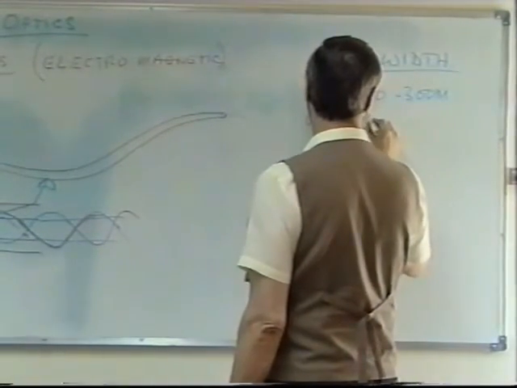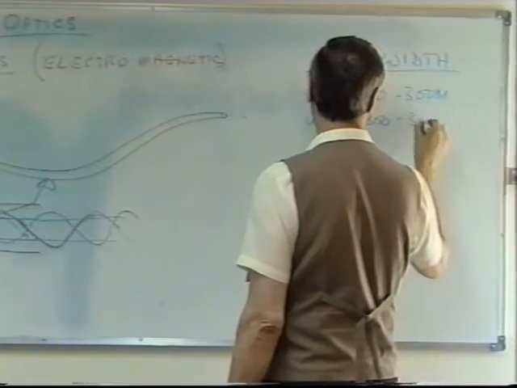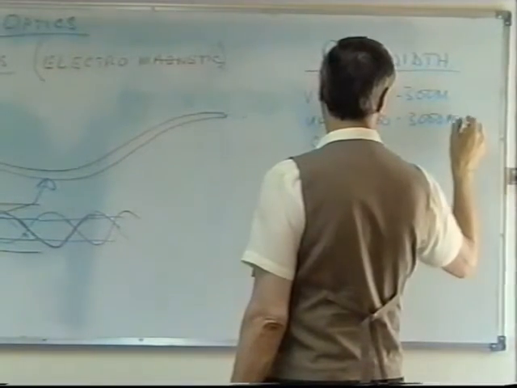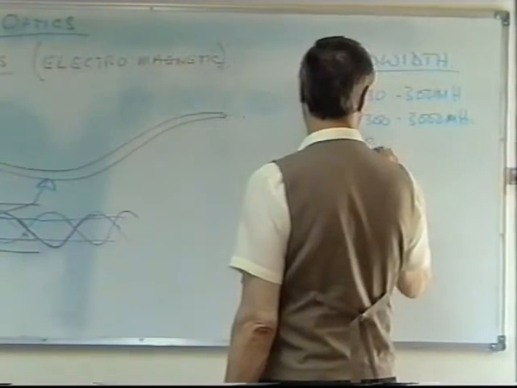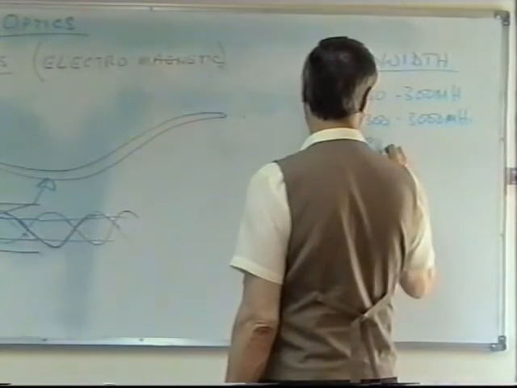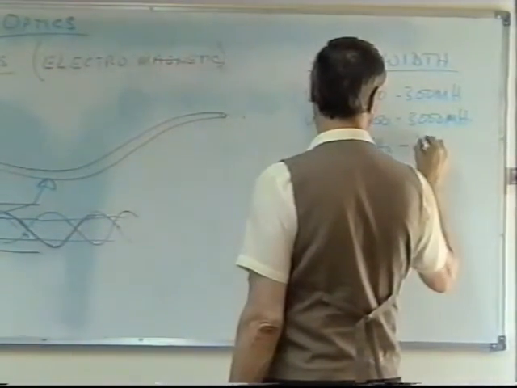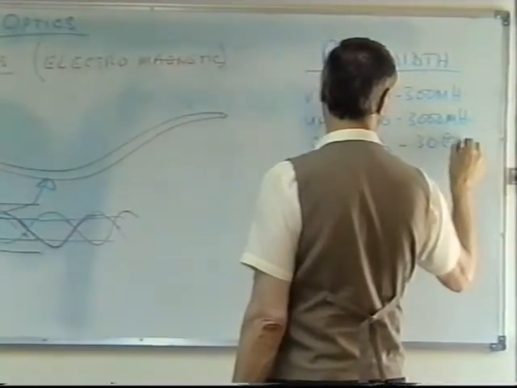Remember these? These are in megahertz. SHF is 3 gigahertz to 30 gigahertz and so on.